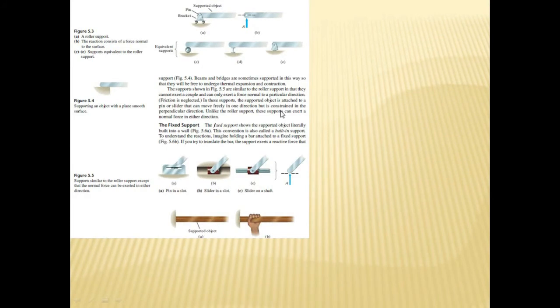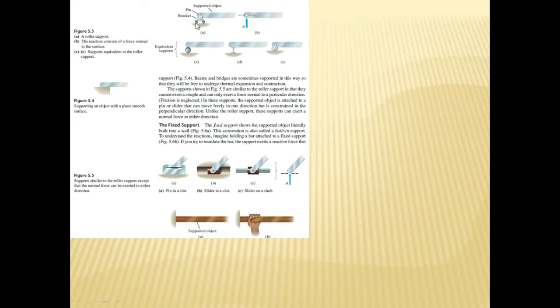Okay, so now we go to the roller support. If you look at it, this is your bar or your beam, and this is your roller support. But you look at one thing common between the pin and the roller: this roller is being connected to the supported object, bar or beam, by means of a pin.